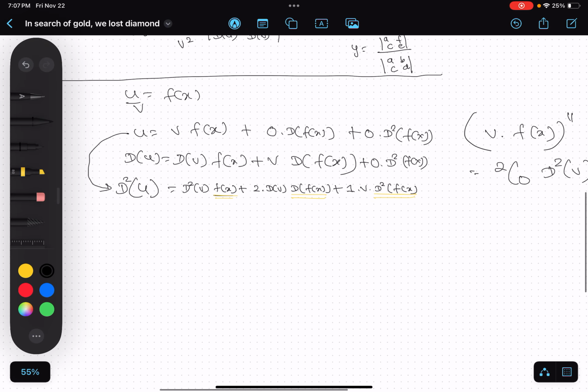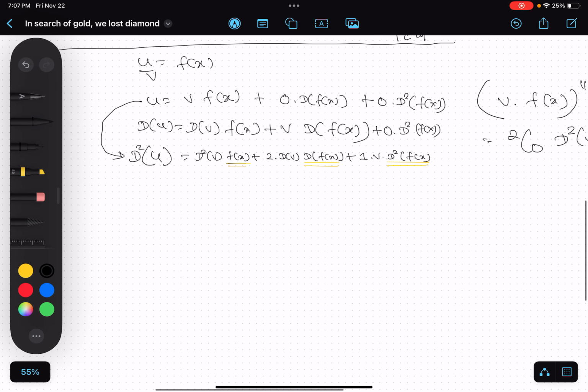So now, using that, I can find d square f of x. Okay, wait, this space is not enough, I guess. So yeah, d square f of x. In the denominator, it will just be the determinant of all the coefficients, right?